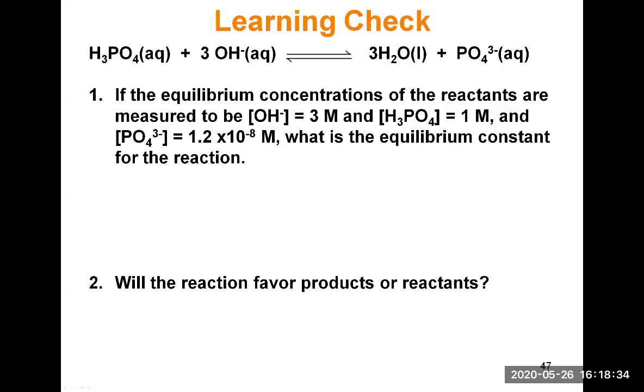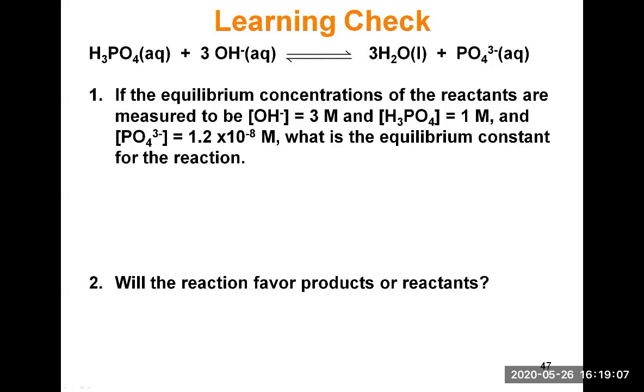So you want to write the expression before you do any plugging of values, right? It's important to have a correct equilibrium constant expression before. So the equilibrium constant has the concentration of products over the concentration of reactants. And here, notice how water is a product, but it's a liquid. So as a liquid, it will not be included in the equilibrium constant.